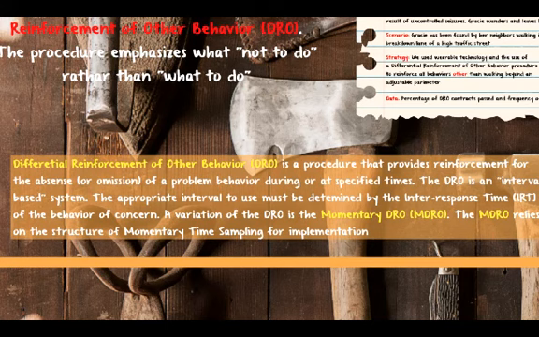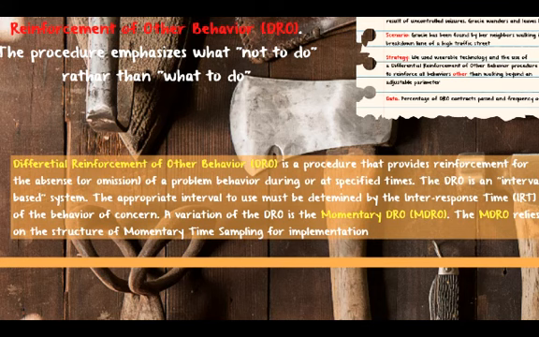So the major point here is that when you're designing a DRO, differential reinforcement of other behavior, there's got to be a data analysis. There's got to be a data-based decision. And the way to do that is to consider the target behaviors that have been identified for the DRO, look at how often those target behaviors are occurring during baseline, and make sure that the interval that you establish is one that will likely result in a high probability of success for the individual.